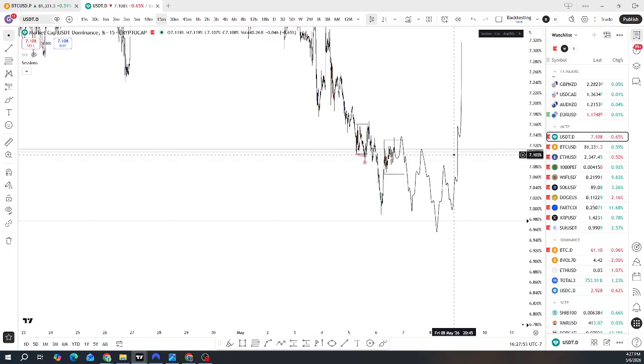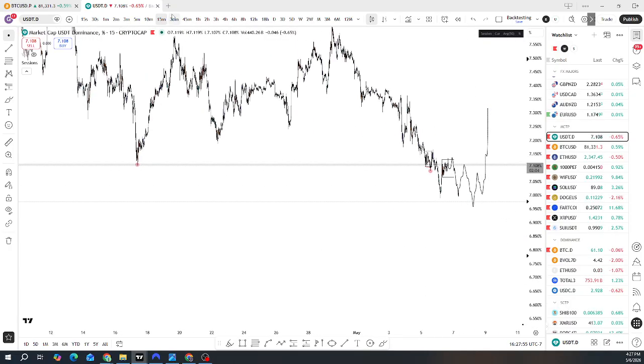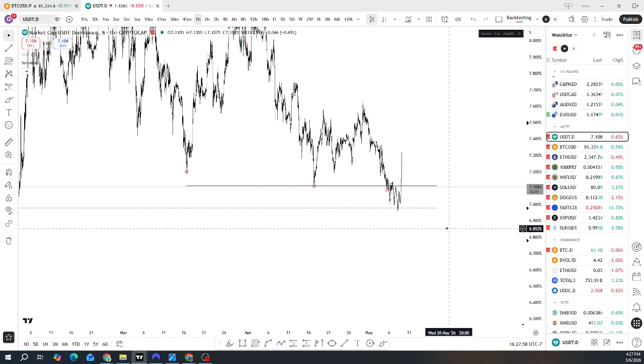Could be something like that, some sort of a PO3 type price action on USDT there.